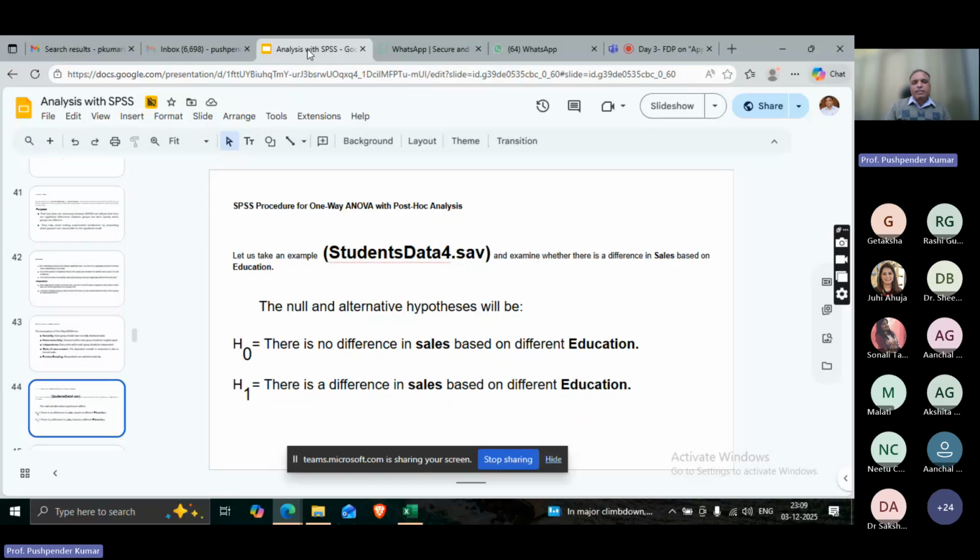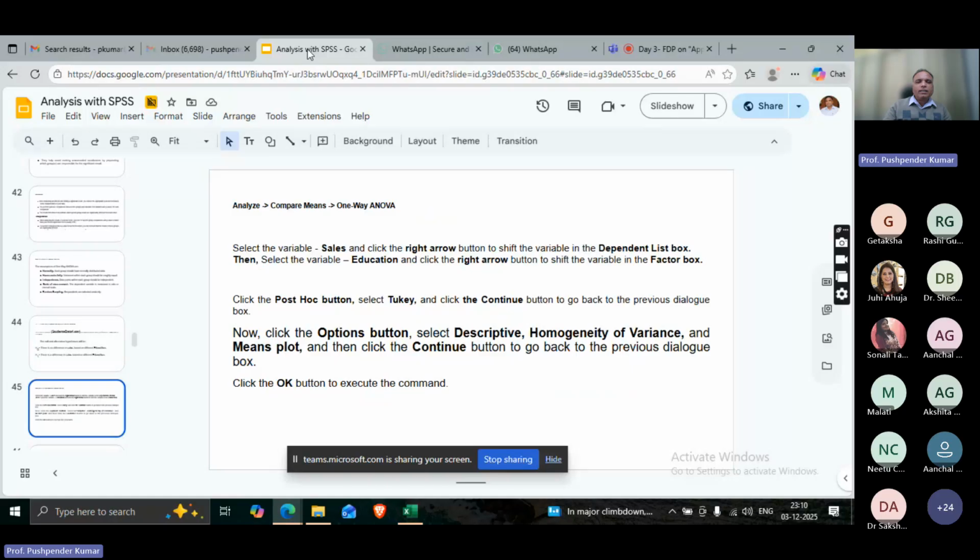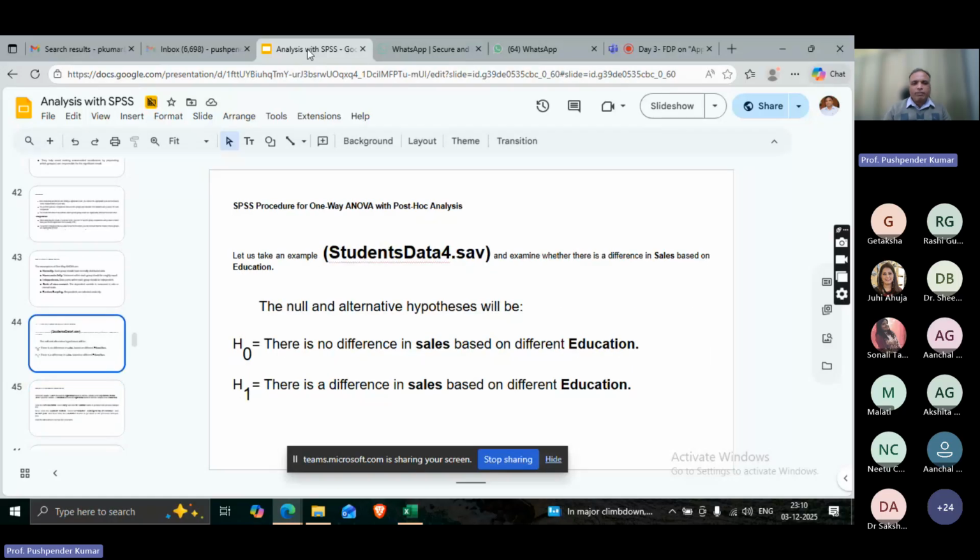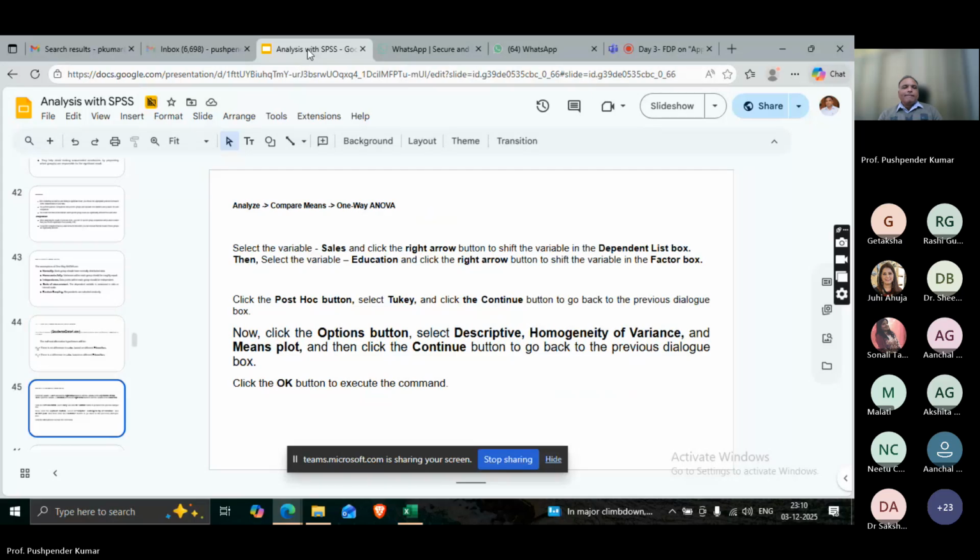Dependent variable is sales and education has 3 factors. This is Data 4. I will give you this data and you can perform this. And what is the command in SPSS? One-way ANOVA with post hoc analysis, you can perform it.